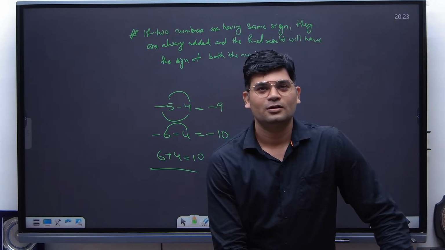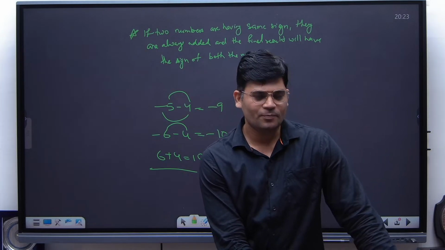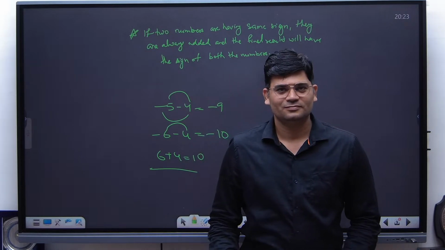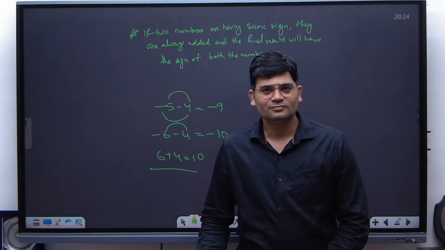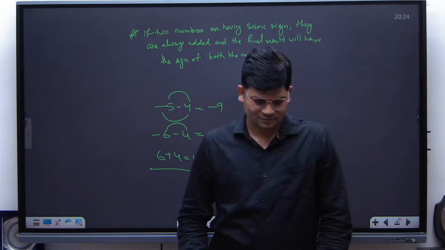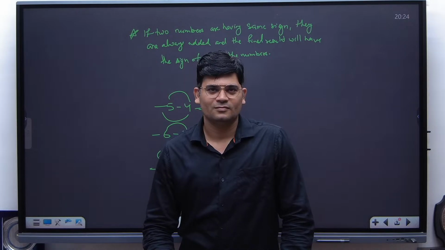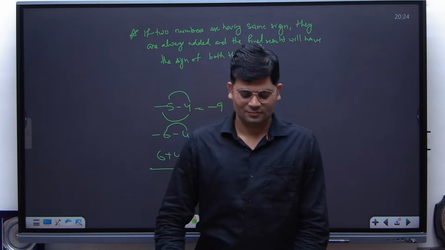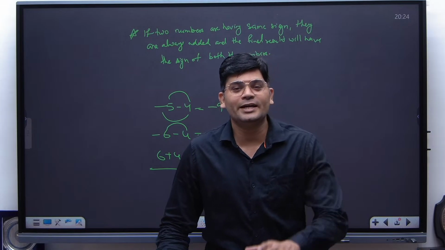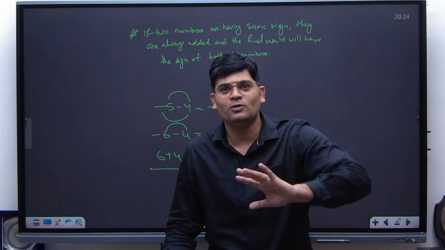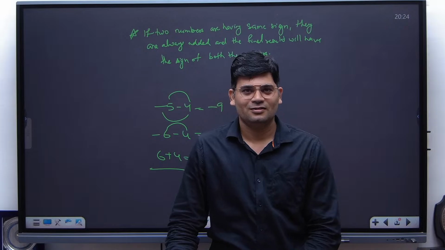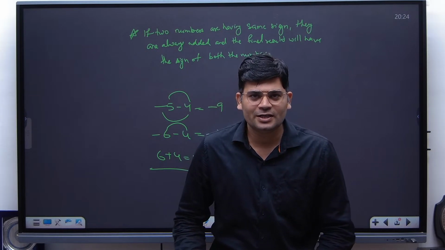The closure property, commutative property, associative property, the distributive property of multiplication over addition, then multiplicative identity, additive identity, then multiplicative inverse and additive inverse.